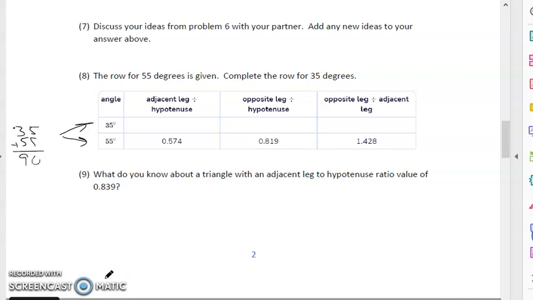So like the 20 and 70 and the other examples, the first answer for 35 degrees would be 0.819, since that's the second answer in the 55, and the second answer in the 35 would be 0.574. So again, those two answers are switching places.